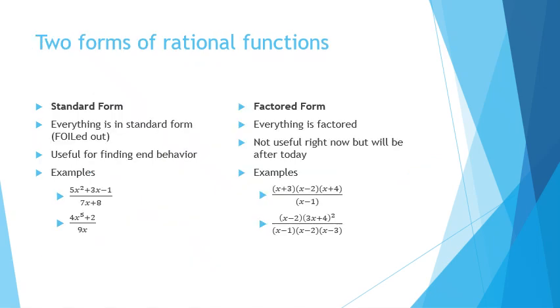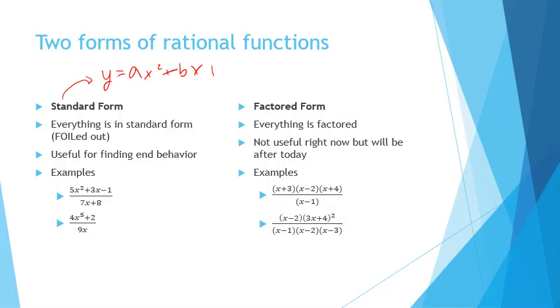So there's two different forms that you may find rational functions in. I'll be talking about these forms a lot, and it's really important that you remember what form you need to find what, because some forms will be way more helpful than others. So the first one is standard form, and if you remember, think of the standard form of a quadratic equation, right?